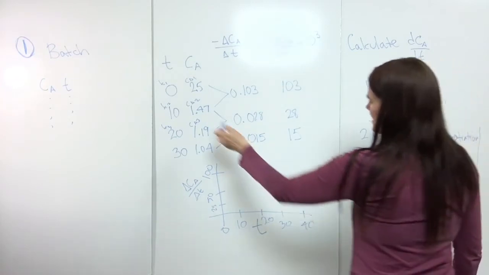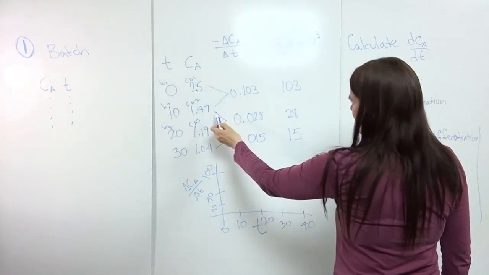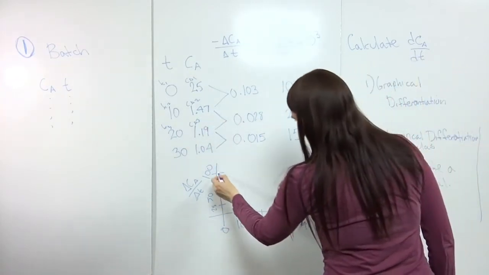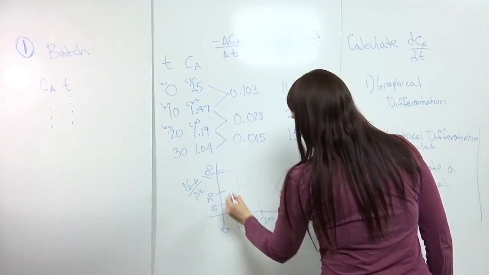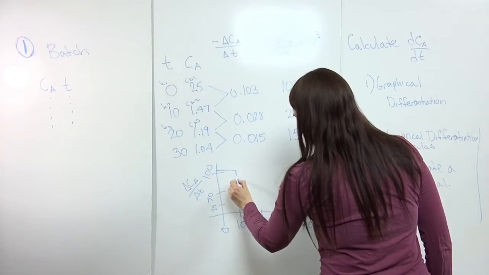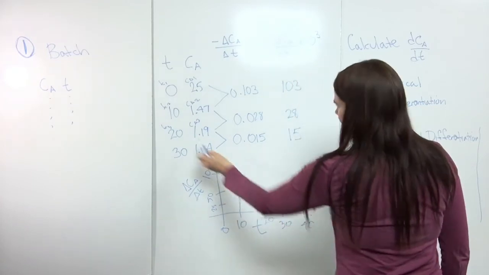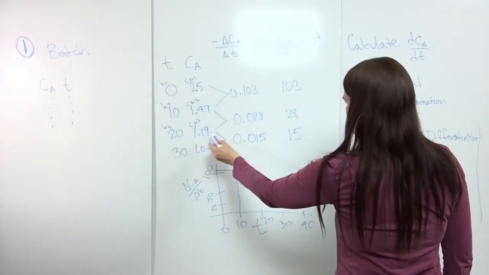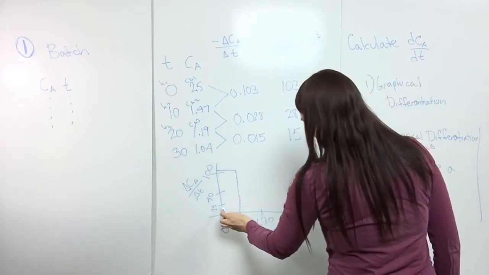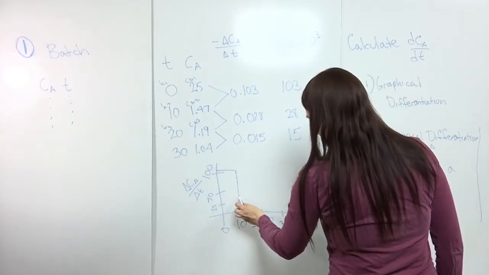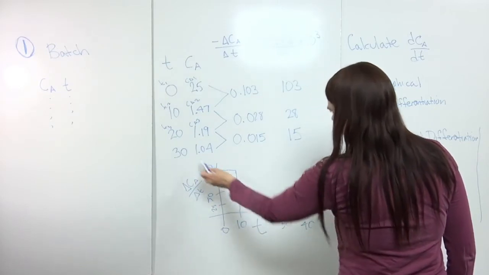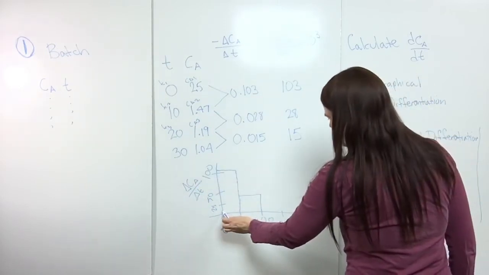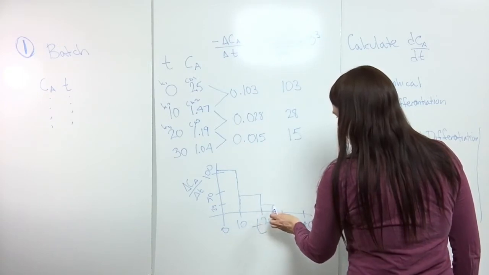And what you would do, so my first one is 10 and it's 103, so I'm going to say that's about right here. Then the next one goes to 20 and it's 28, so that goes here, and then the last one is 30 and that goes to 15, so that would be about right here.